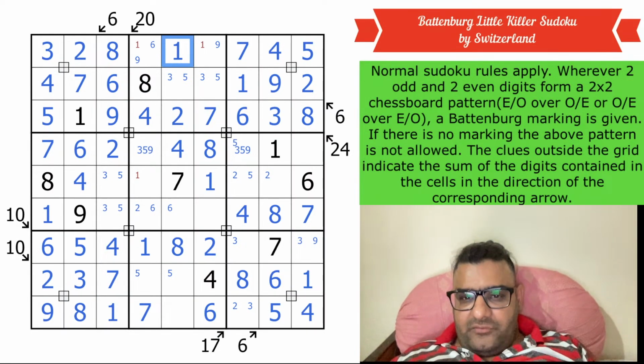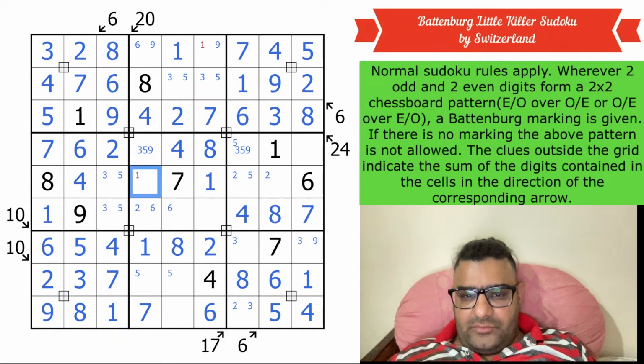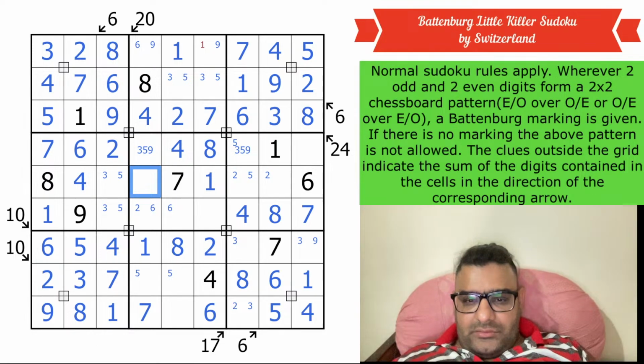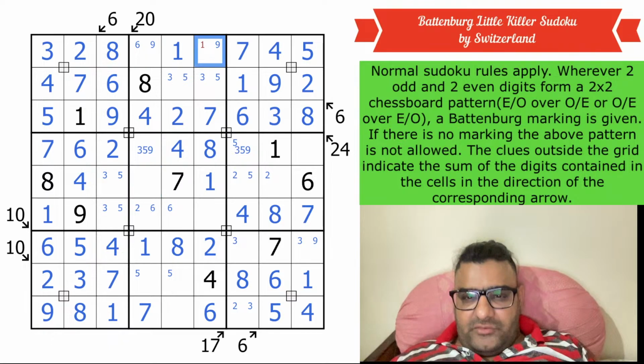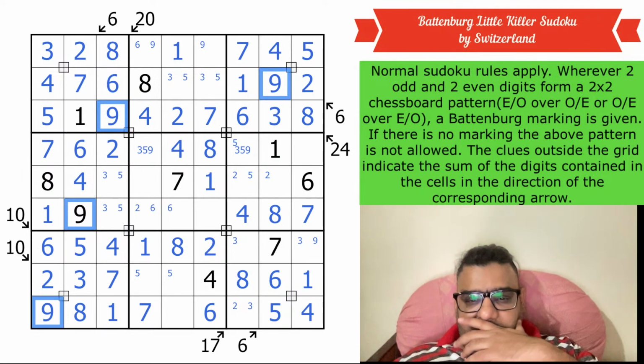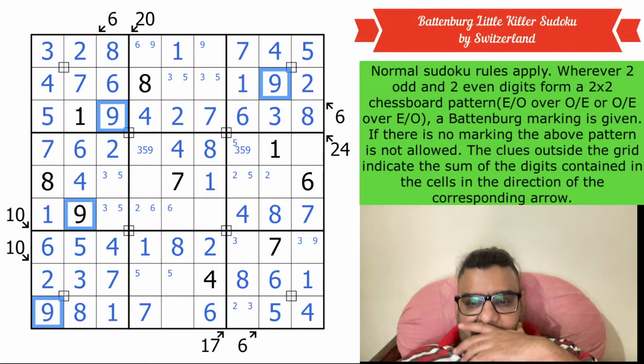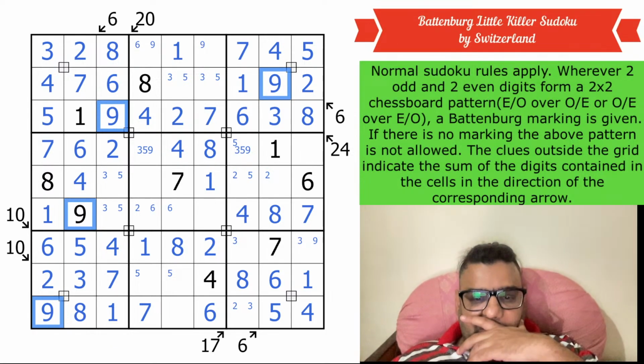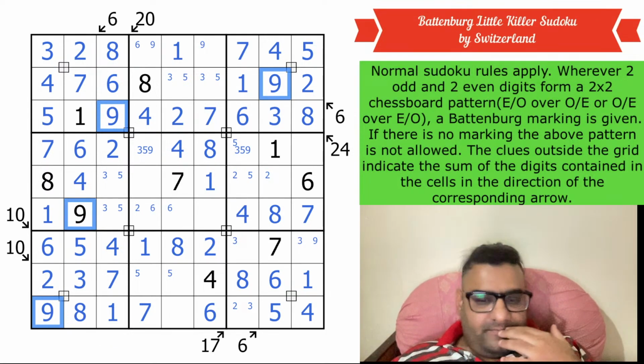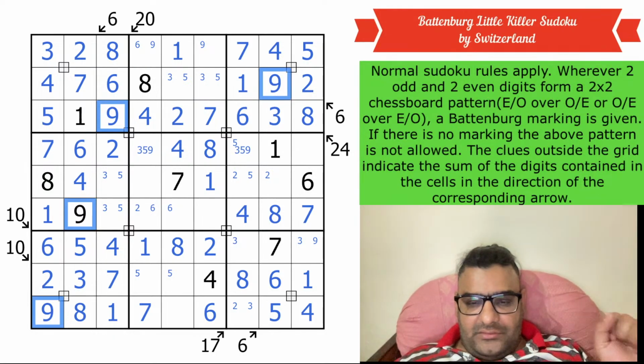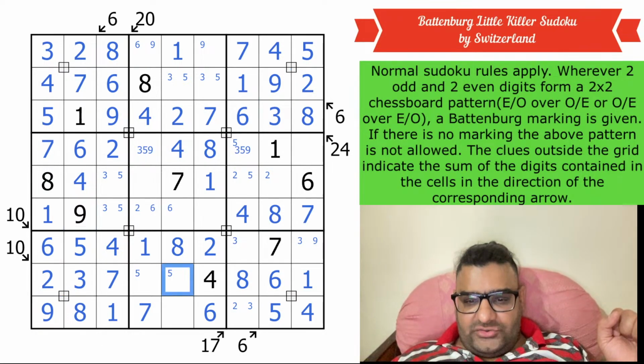So if I remove 1 from here and here, then this must be 9. So we know 9 cannot be here. 9 can be in these 2.